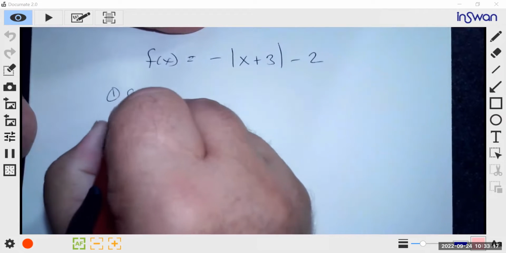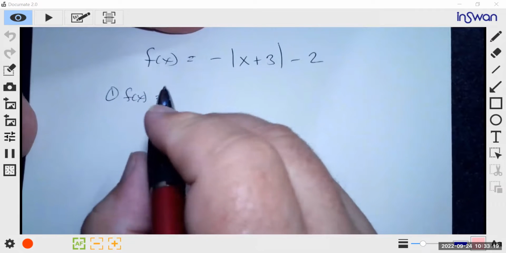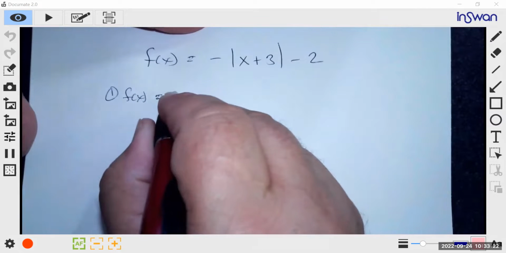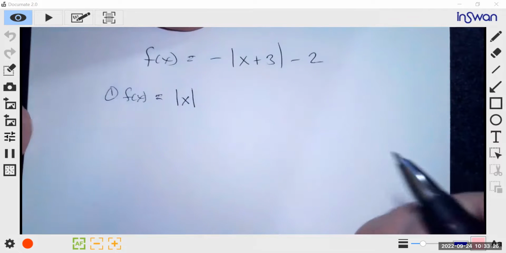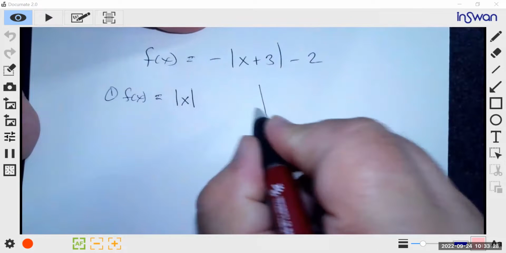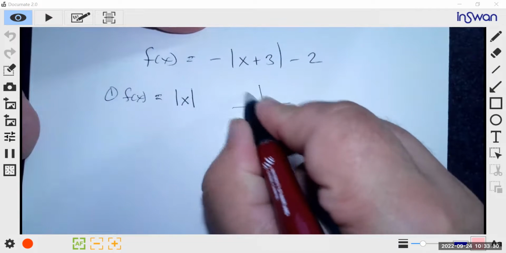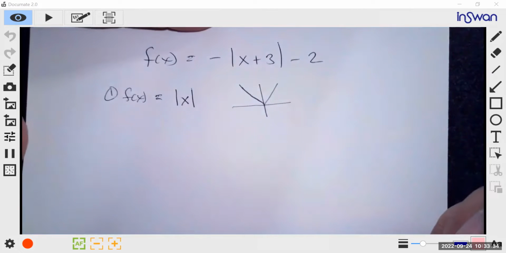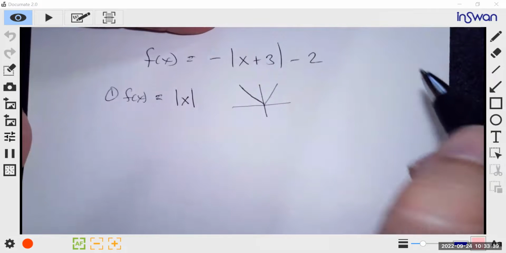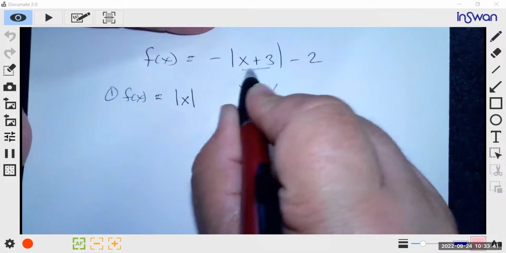Well, first off, what's the original function? Absolute value of x. Yes. And that graph is a V. Then we do inside the function.